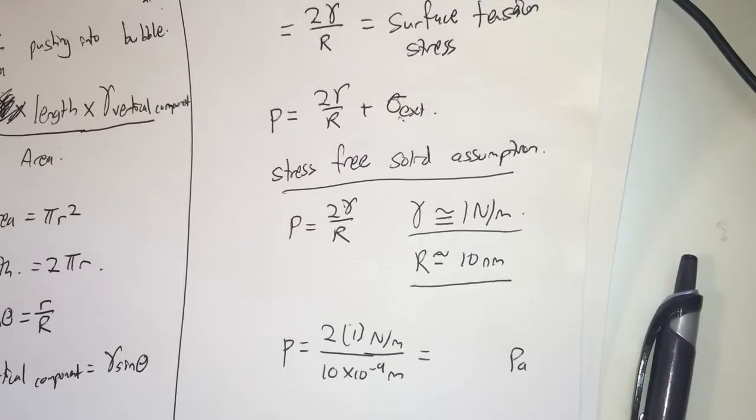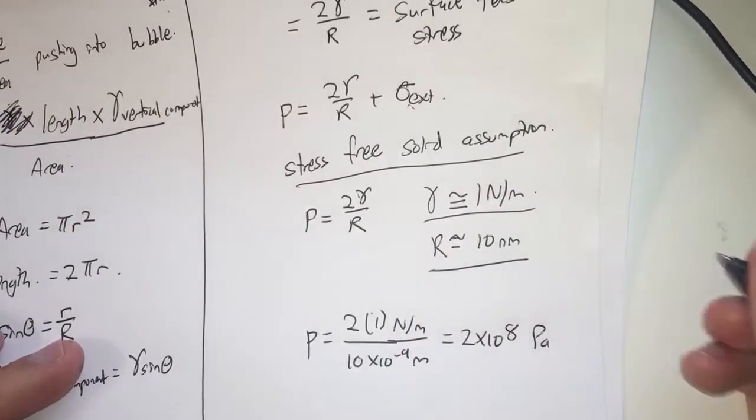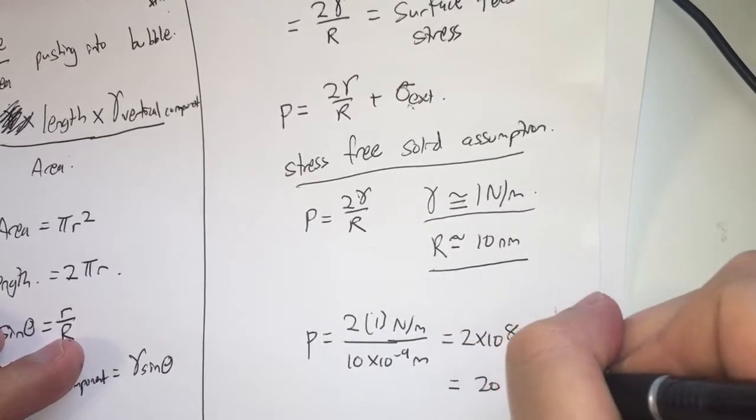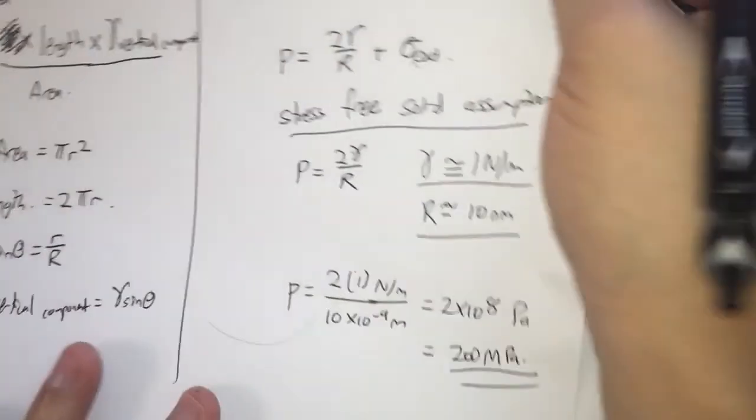So what we have is about 2 times 10 to the 8 Pascal, or rather, it's 200 megapascal. 200 megapascal is a pretty large amount of pressure.